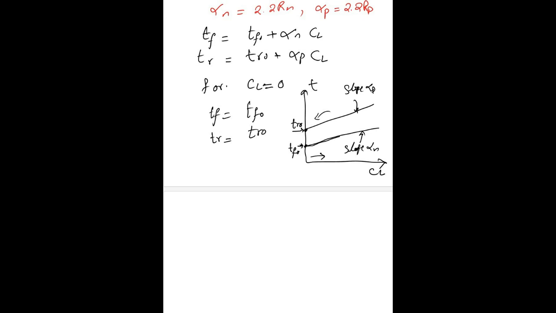So seeing this graph and these expressions, we can say that if we increase the load capacitance, the fall times TF and the rise times also increase, and obviously that increases linearly. So if we increase the load capacitances, then the rise time would be increased in the same manner.